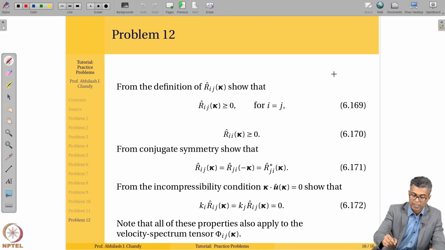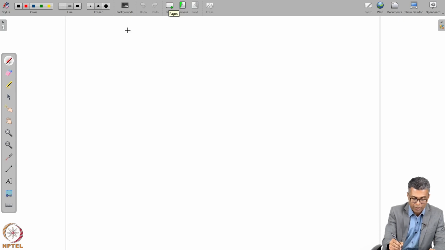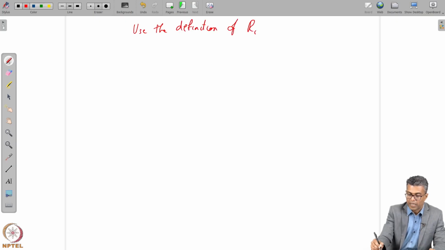Okay, let's try this. So let's see what happens. Here we'll use the definition of Rij hat of kappa and substitute i equal to j.